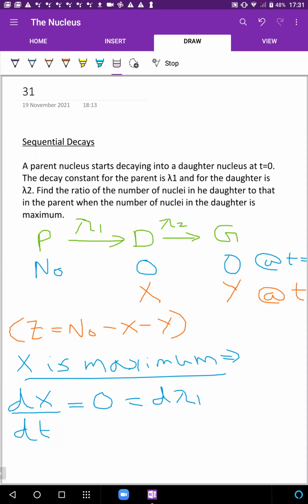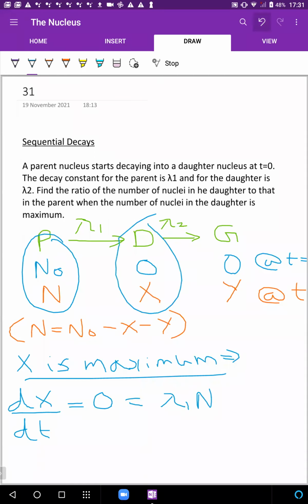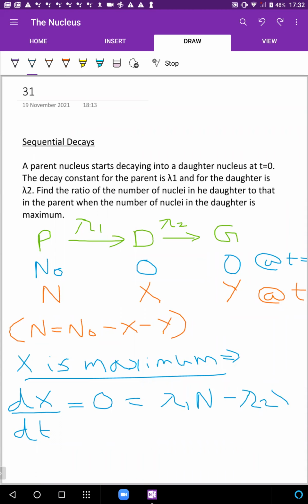In fact, instead of z, n would have been better. It is being formed at the rate of lambda 1 times the parent number of nuclei. The parent decreases at the rate lambda 1 n, so the daughter is formed at the rate lambda 1 n. But then it itself decays, at the rate of lambda 2 times the number of nuclei in it, so it decays at the rate lambda 2 x.